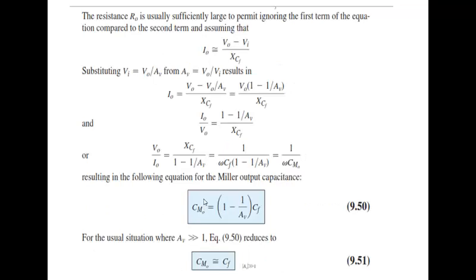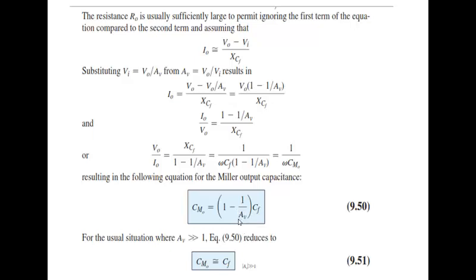So this is the Miller output capacitance, that is equal to 1 minus AV into CF. CF is the feedback capacitance, AV is the gain of the amplifier, V out over V in. Please note that this gain is negative because our amplifier is a common emitter amplifier, and a common emitter amplifier has a negative gain.